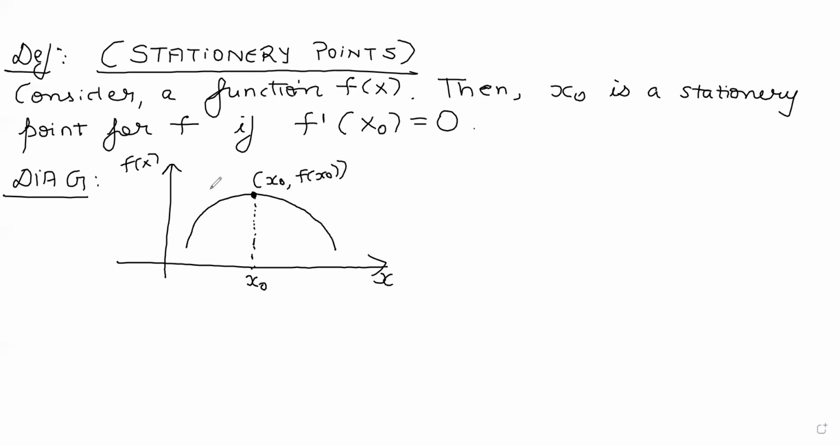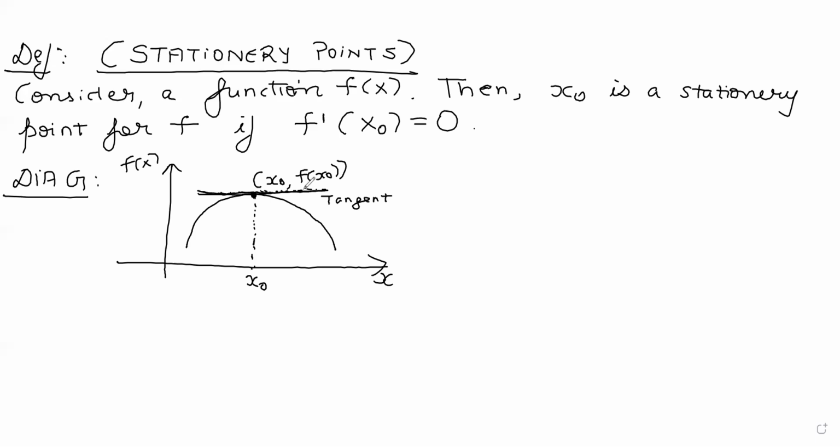If I draw a tangent at this point, what is the slope of this tangent, guys? The slope of this tangent is nothing but f dash x.